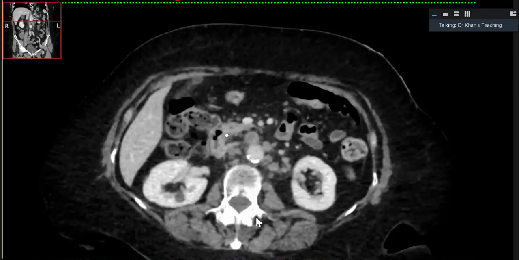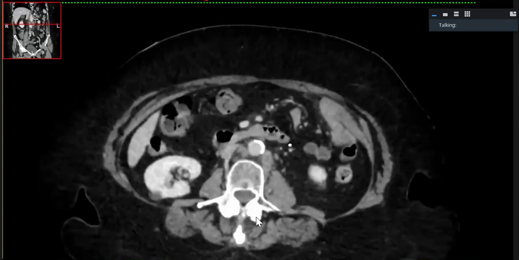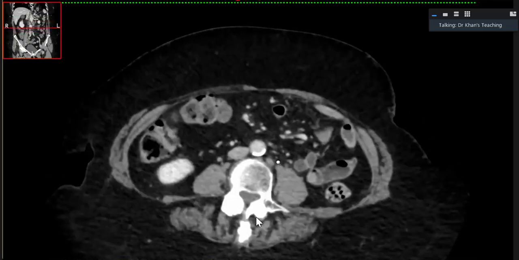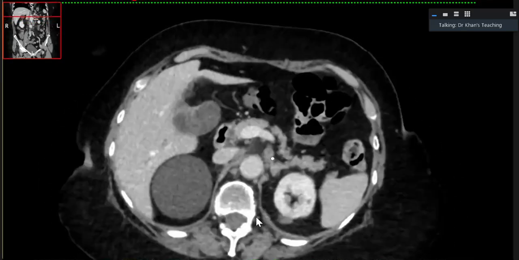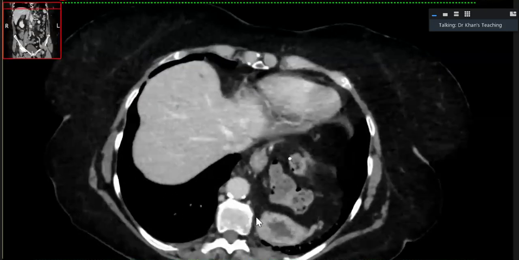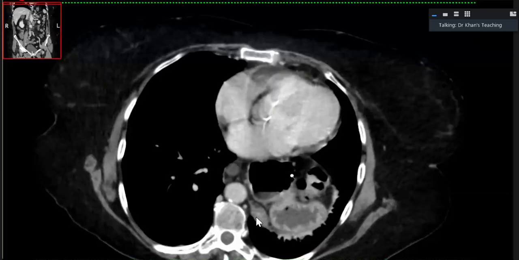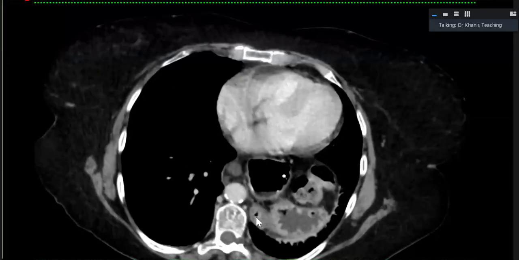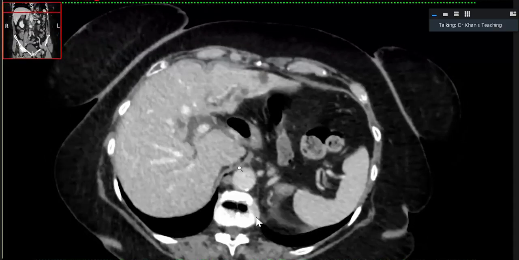Now, we can see that there are lymph nodes in the retroperitoneum. In this particular case, if we go superiorly, there is a chronic volvulus of the stomach with intrathoracic stomach, and there are some lymph nodes sitting here also.